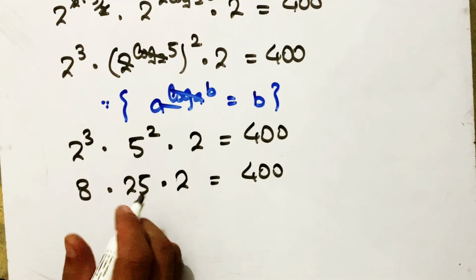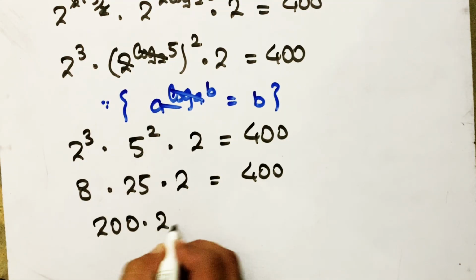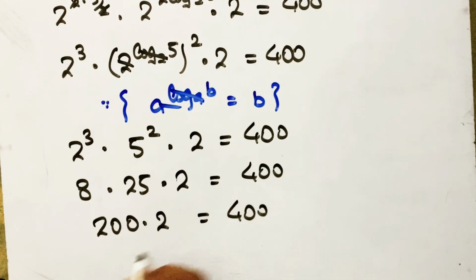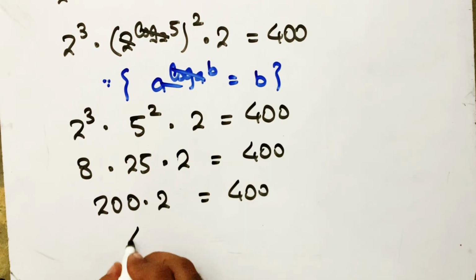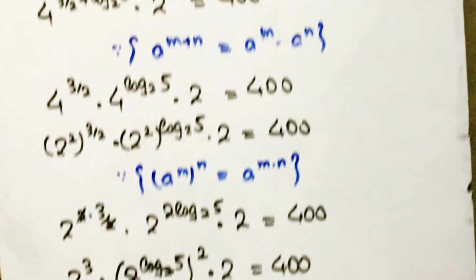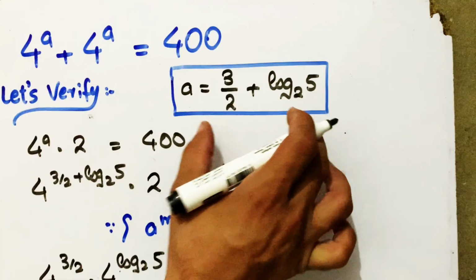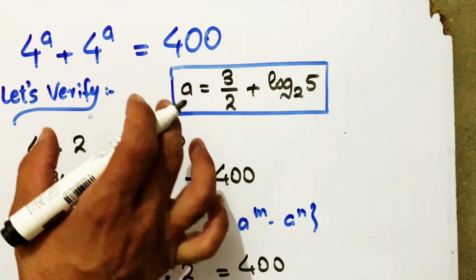So 25 into 8 becomes 200, into 2 is 400, and this concludes that 400 equals 400. So I conclude that our solution satisfies the main equation.